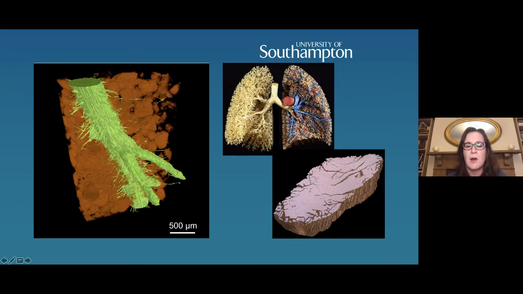So plant roots grow in soil and provide the plant with water and mineral nutrients. Lung delivers oxygen to the human body and removes carbon dioxide.